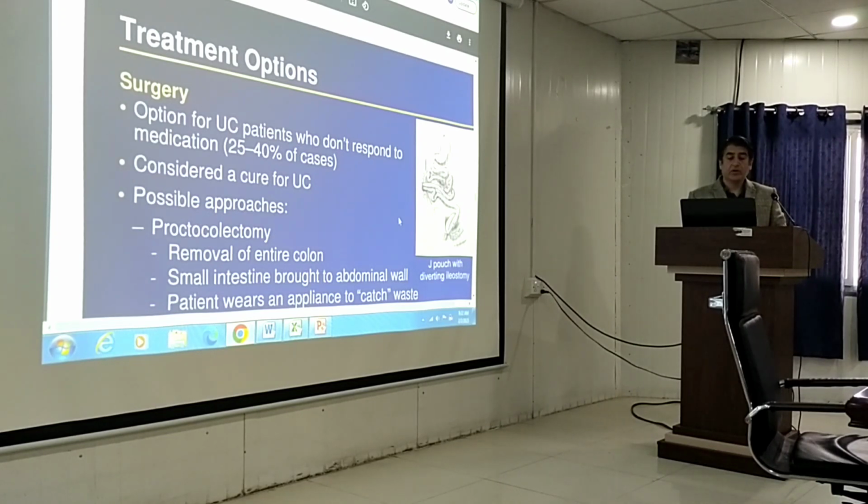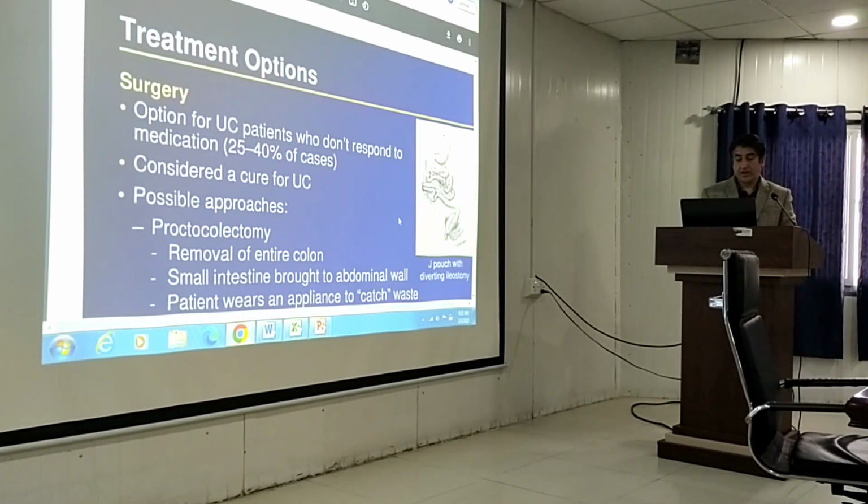Earlier, it was more than 40%, but now it's less than 25%. But still they say that one third of the patients who even have been put on new biological agents ultimately land in surgery. So still the incidence is very high.